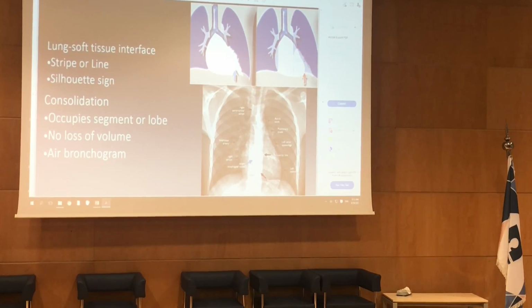So this is a chest X-ray, and this is the heart. And the heart has a left margin, right? The apex. So here, with the red arrow, you see the margin of the heart. So this means that the heart is silhouetted. I can still see the silhouette of the heart, even though there is this patch of increased density.